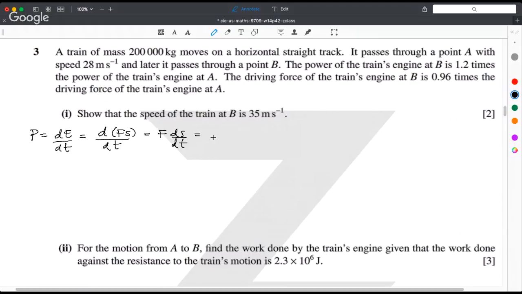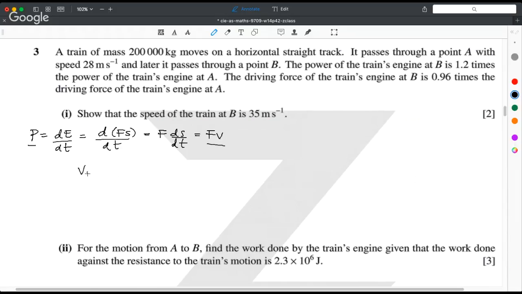And ds/dt is just the velocity, so Fv. And this is what you need to know for these power questions. So you may well just memorize P is equal to Fv. That's absolutely fine. But if you need to derive it in a hurry, remember that power is basically the derivative of work differentiated with respect to time.